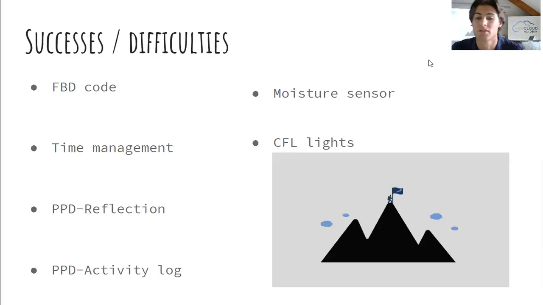Two of my major difficulties: I had trouble getting the analog reading from the moisture sensor, because it was quite a struggle to get it connected to the PLC. That didn't work in the end. But then I tried it on my Arduino at home, and it managed to connect. So I think you have to use some special kind of sensors for the PLC.